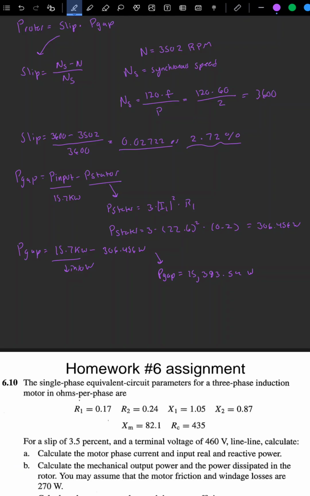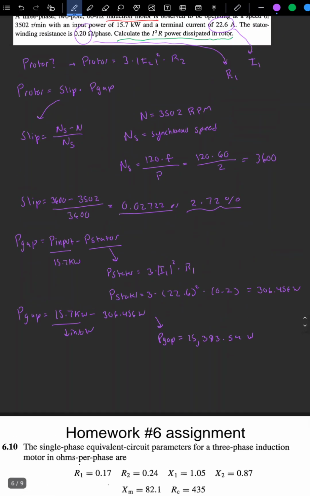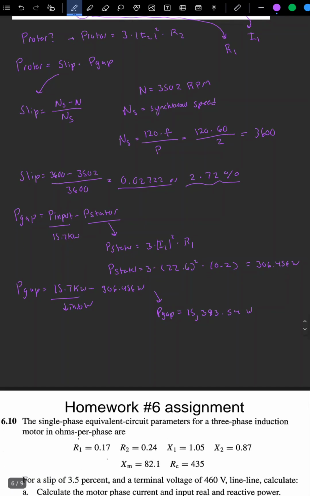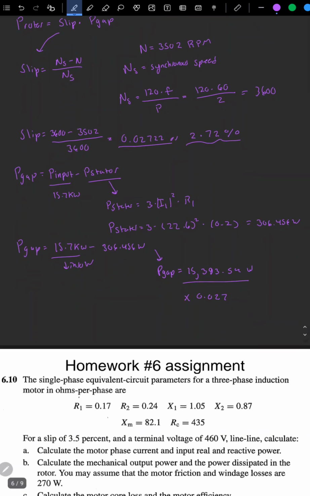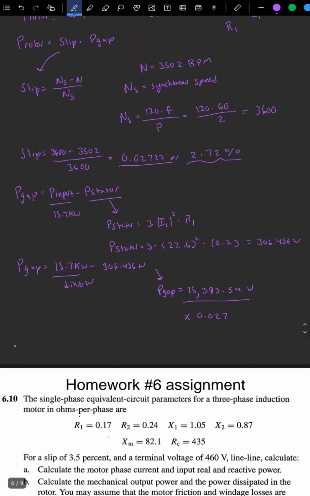Basically what you're going to do is take that and go back to the original equation. Now we know that we have to multiply it by the slip. So we're going to take this value and multiply it by 0.027. And we're going to find out that the power at the rotor is going to equal 415.63 watts.